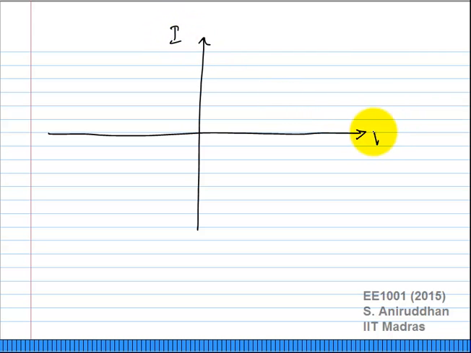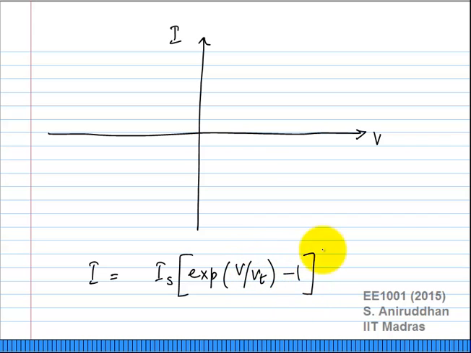So this is I versus V. What happens when V is very large and negative? Let me write down the relationship here again. I happens to be equal to minus Is.